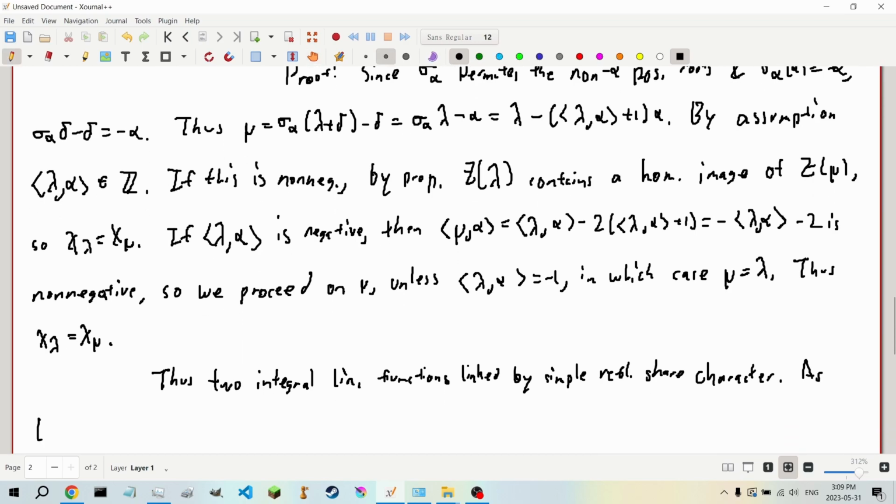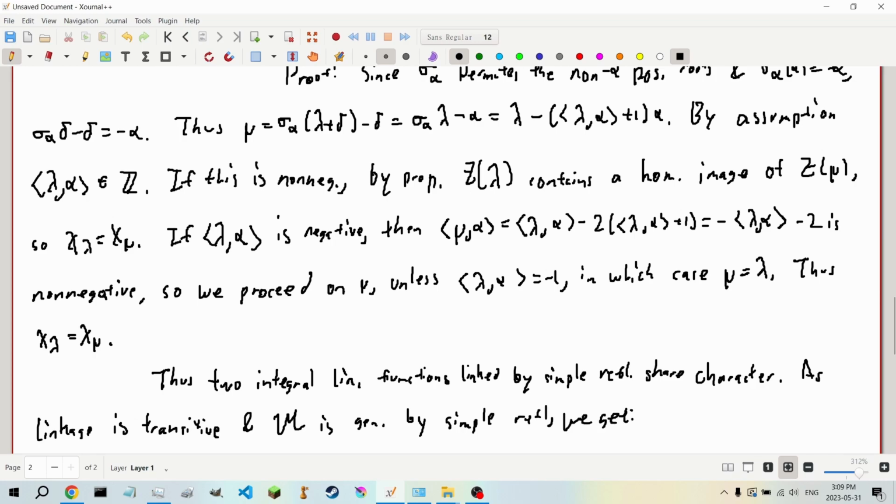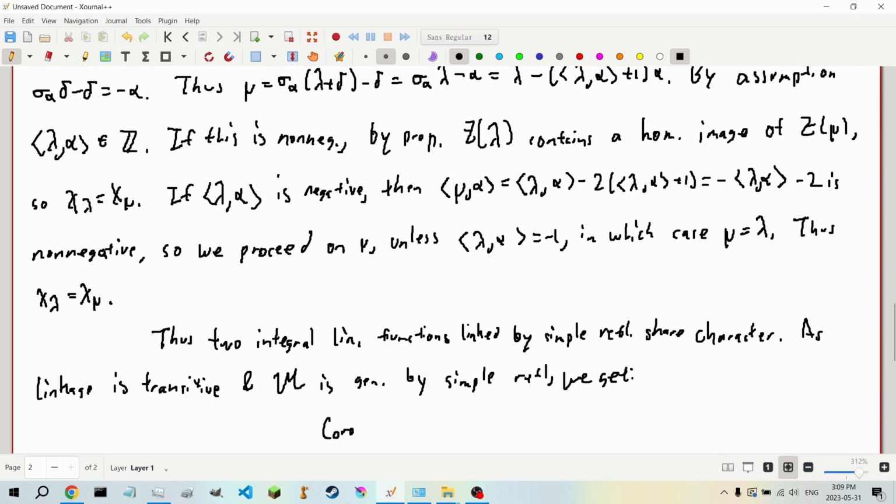As our linkage is transitive and the Weyl group is generated by simple reflections, we get the following corollary: let lambda and mu be integral, whatever, I forget what the big string of words is.